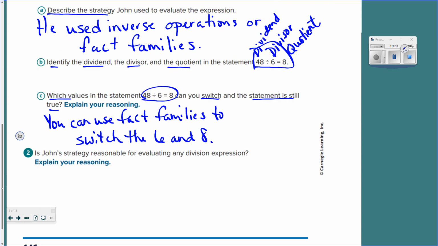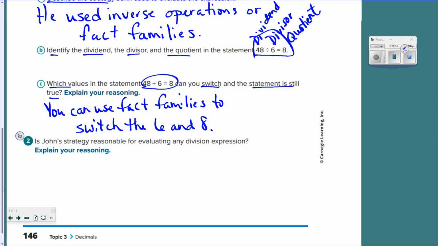Is this reasonable for evaluating any division expression? Why not? Because you didn't know the multiplication. If I know the multiplication, why can I use the fact family? So is this reasonable for any division problem? The key is that you need to know the fact family for it.